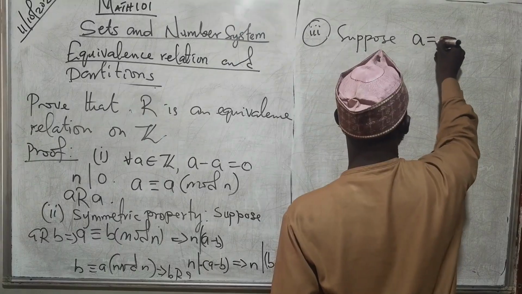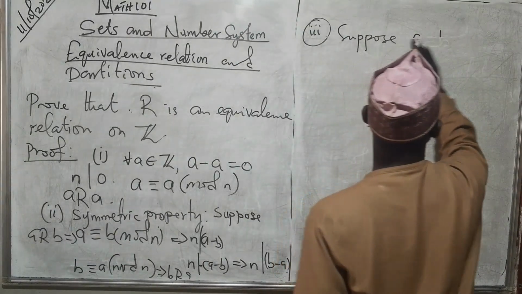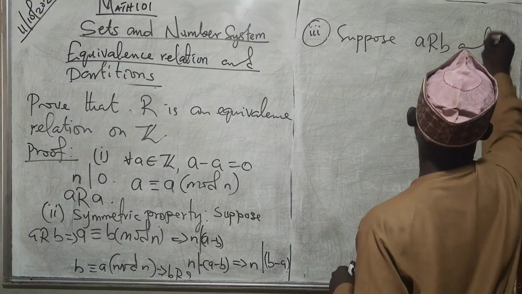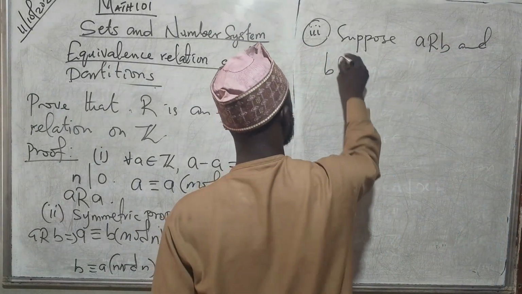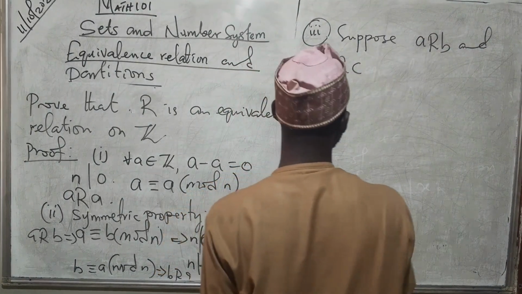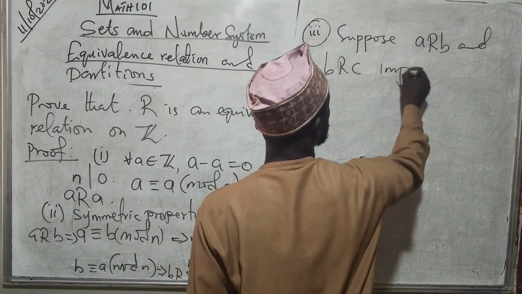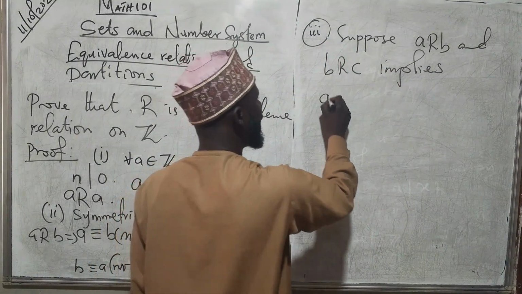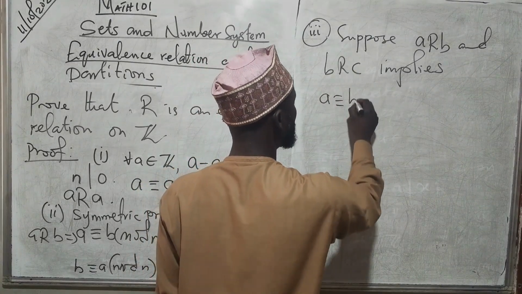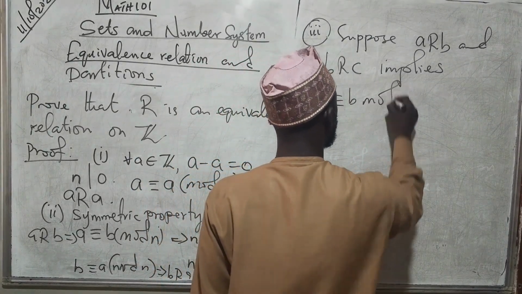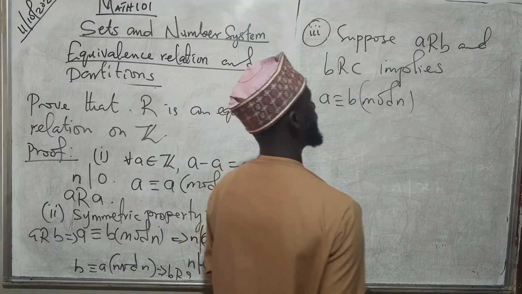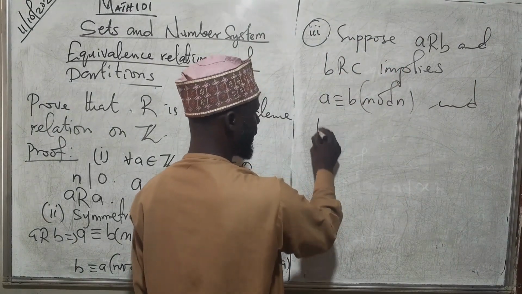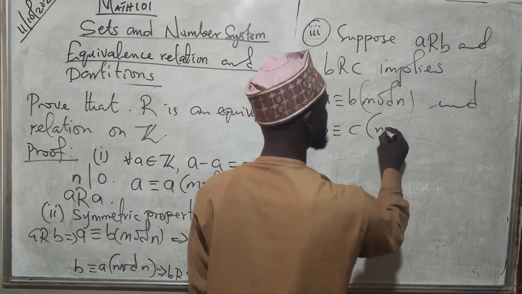Suppose A is related to B and B is related to C. That means A is congruent to B modulo n, and B is congruent to C modulo n.